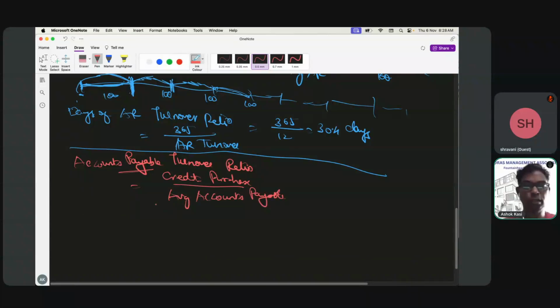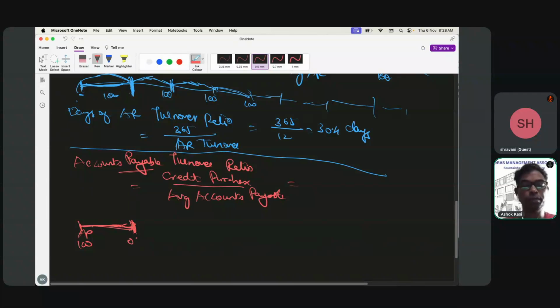So you are doing a credit purchase, then you are creating accounts payable. Let's say that is 100 rupees credit purchase, then accounts payable is 100 rupees. Then after a few days you are paying back, so when you pay back it will become 0.